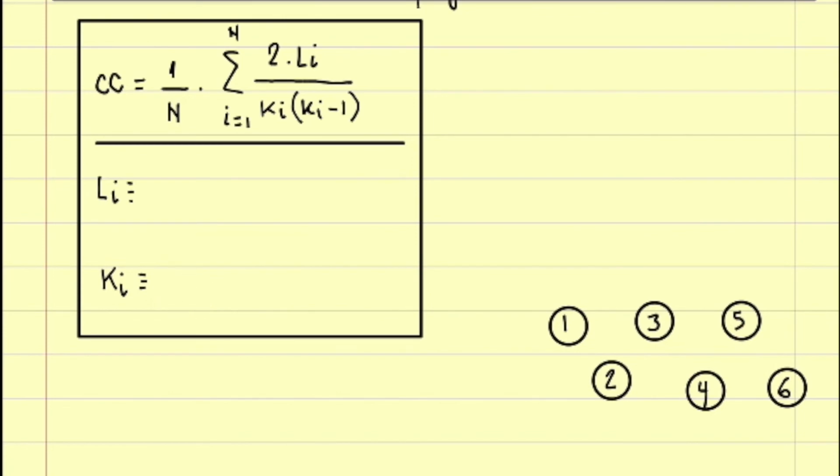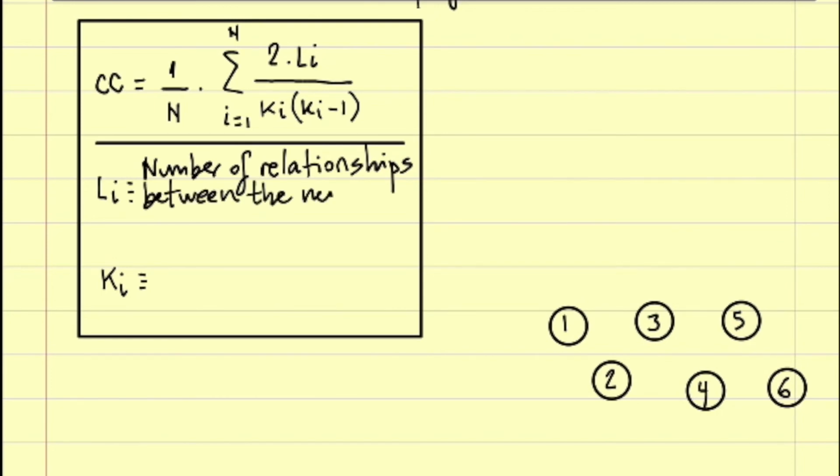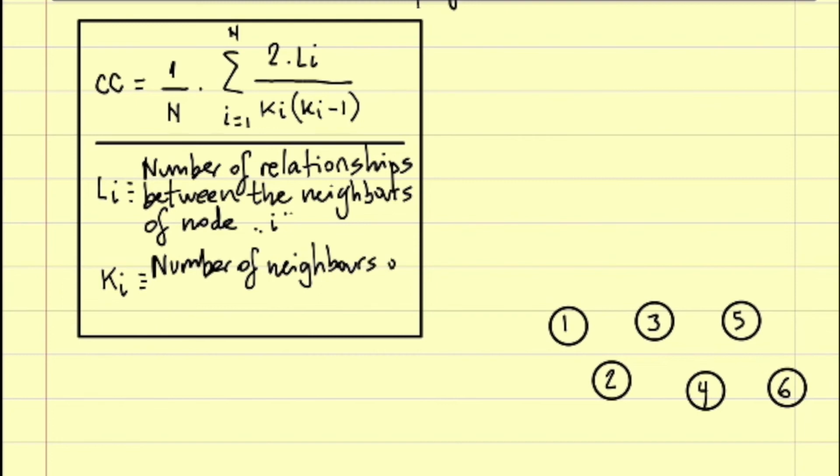Second, L sub i is the number of relationships between the neighbors of node i. K sub i is the number of neighbors of node i.